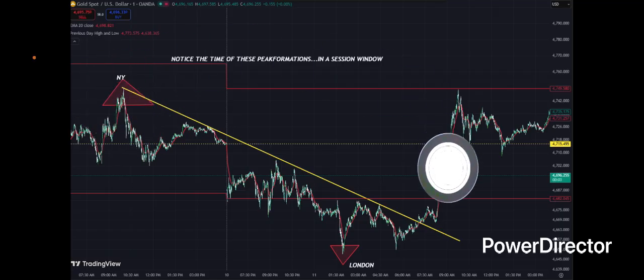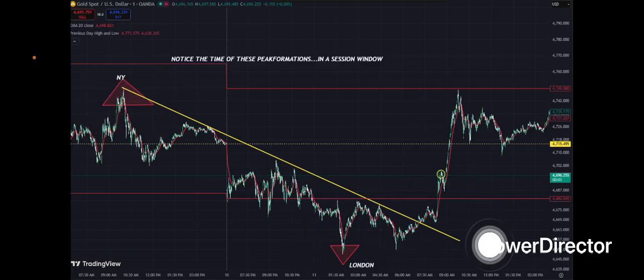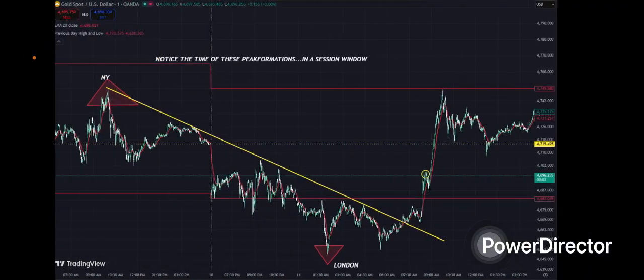We have our peak formation high in New York, a peak formation low in London. This is going to show you where your valid peak formations are. We're looking for those to take place in the session windows. Sometimes we will see those in the gap time, but about 80% of the time per Stacy, we're going to see those in the session windows.